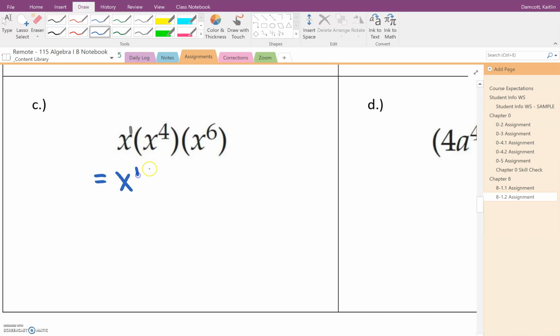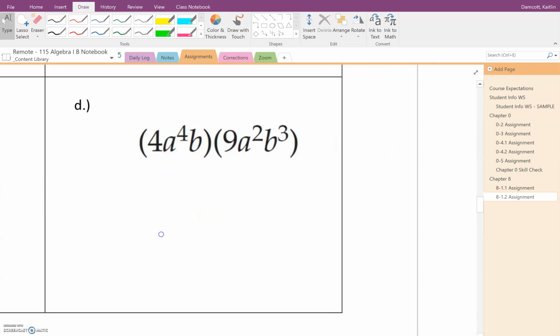And we've got 1 plus 4 plus 6. So when you look at that, we're getting that from these exponents. We keep the base the same and then add all of the exponents together. And when we do that, we're going to keep the base, and 1 plus 4 is 5, and 5 plus 6 is 11. So that one was a little bit simpler just because there was no number involved.